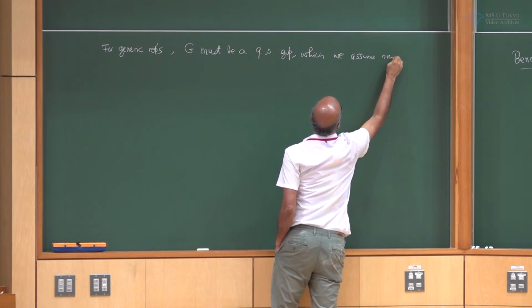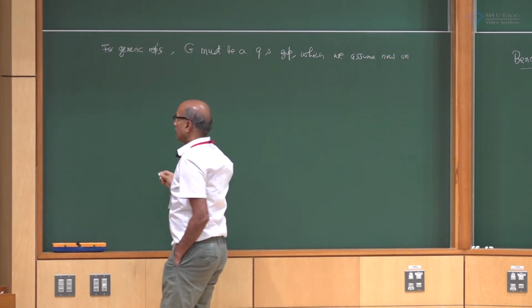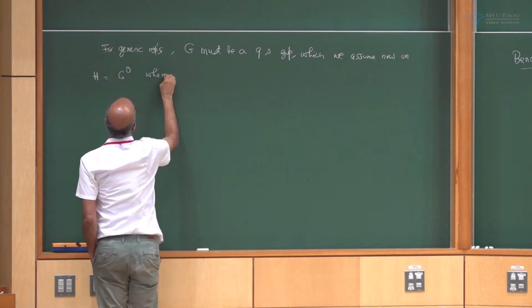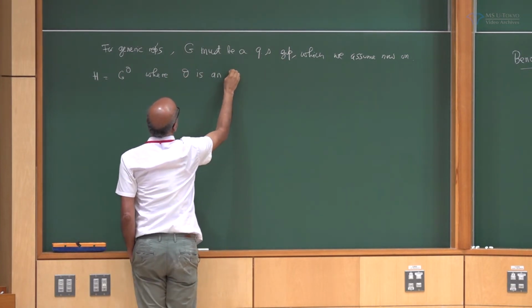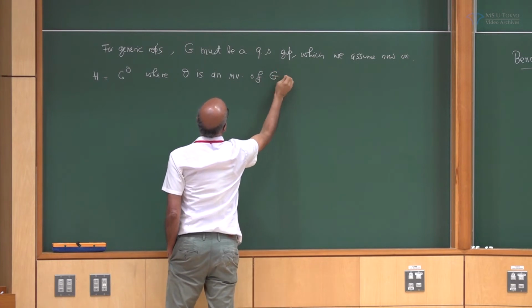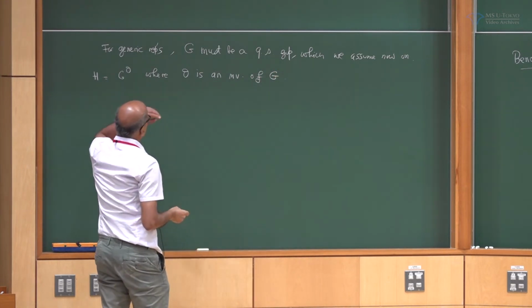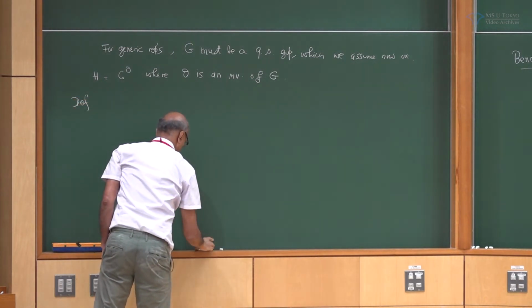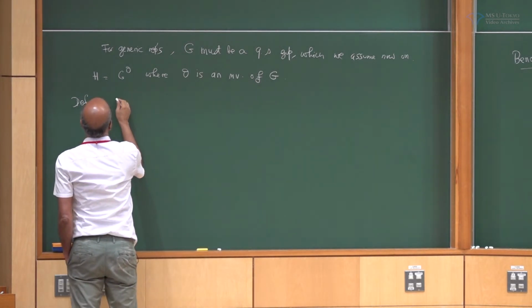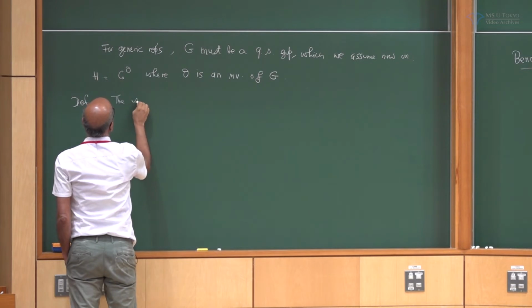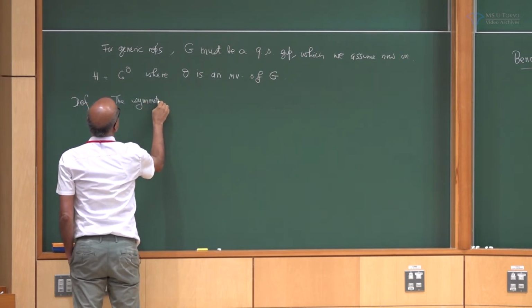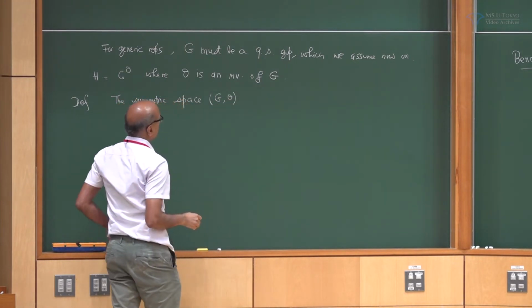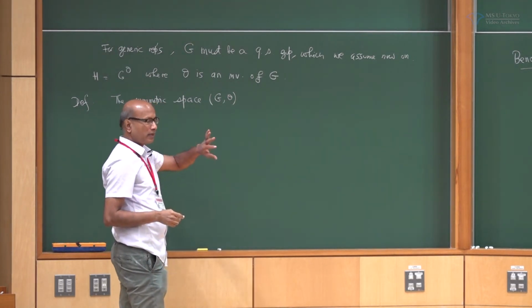Assume now on, and H is G theta, where theta is an involution of G. So in this case, definition, the symmetric space G comma theta or G comma H, where H is the fixed point or connected component and so on.